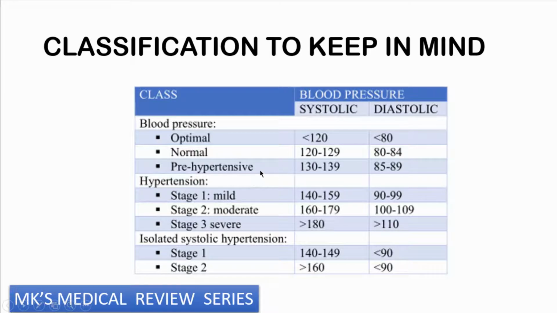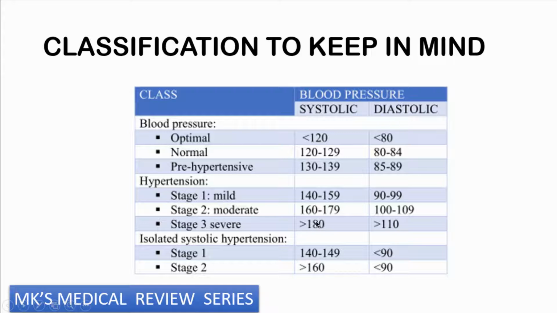This was removed by the American College of Cardiology, as well as the American Heart Association. Then hypertension is now having mild hypertension or stage 1, 140 to 159 systolic, 90 to 99 diastolic. Stage 2, which is 160 to 179 systolic, 100 to 109 diastolic.